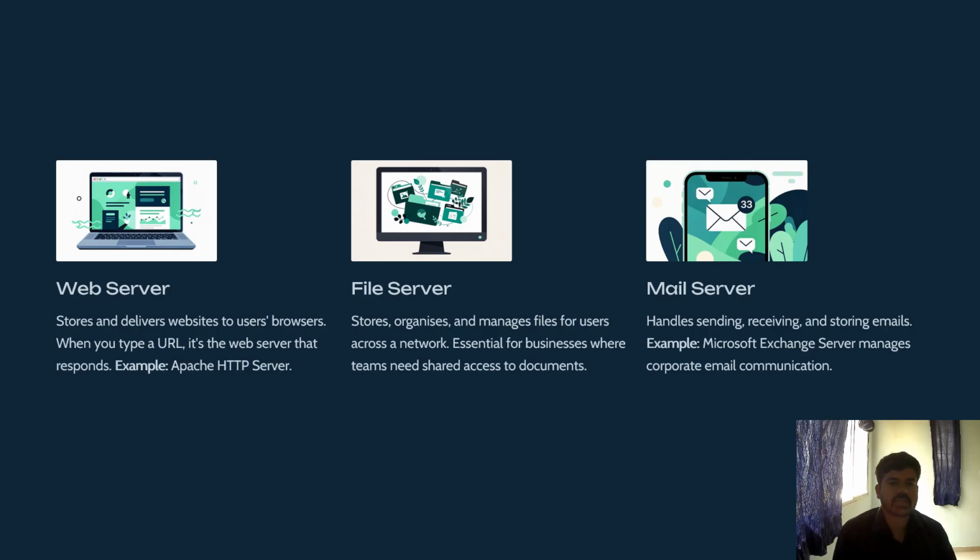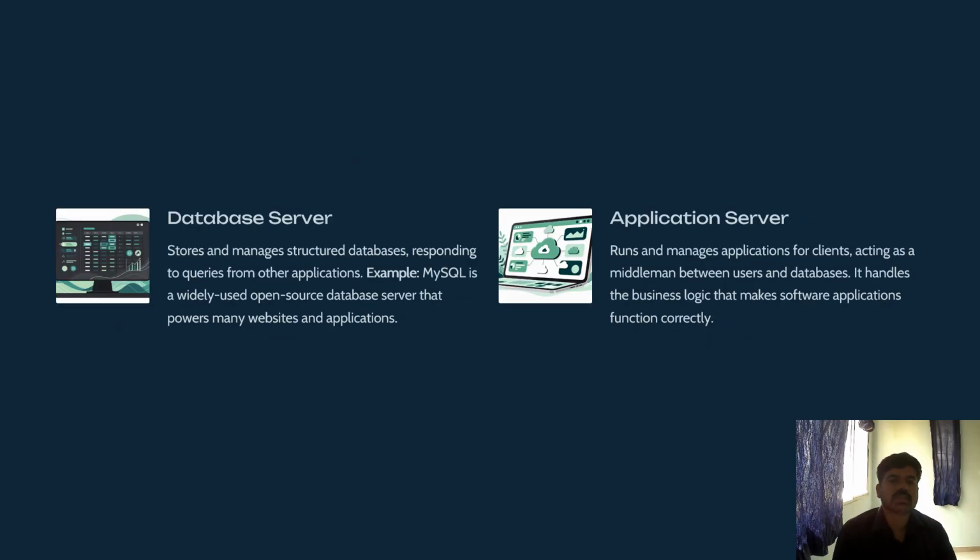The next one is mail server. It manages emails. For example, Microsoft Exchange Server is used by many organizations. When you send an email, an email server processes it. Database server. It stores and manages databases. Example, MySQL is widely used for storing structured data.